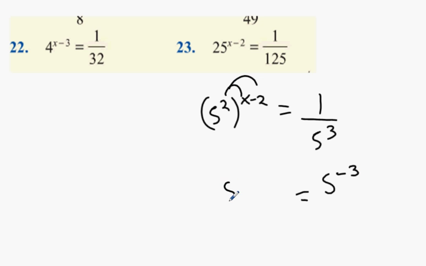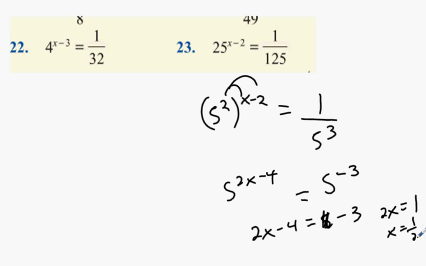Multiply. Then the last part. So 2x minus 4 equals minus 3. 2x equals 1. x equals half.